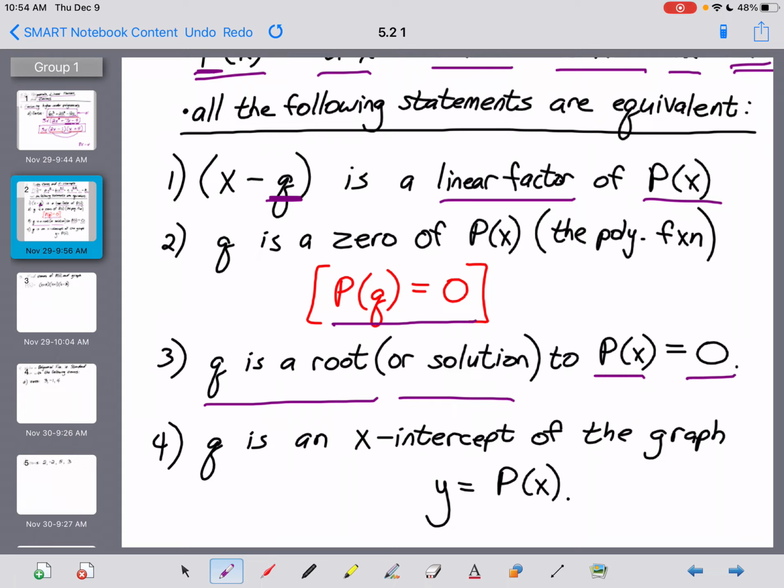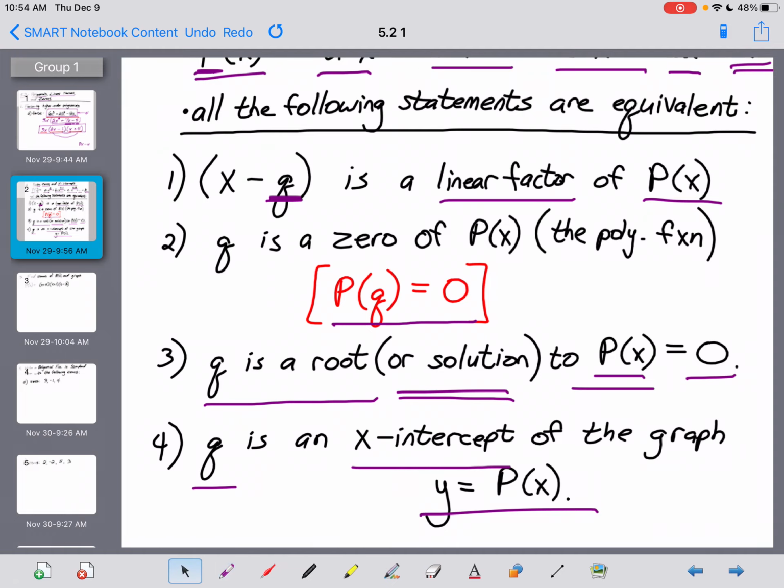So we can use factoring to find solutions to polynomial equations. We know that because we did that back in chapter 4. And then this last one graphically here, q, the number that we're dealing with here, the solution to your polynomial equation, q is also an x-intercept of the graph y equals p of x.